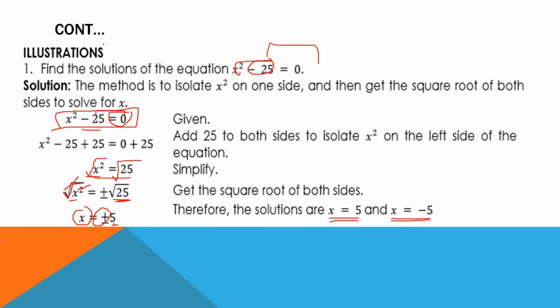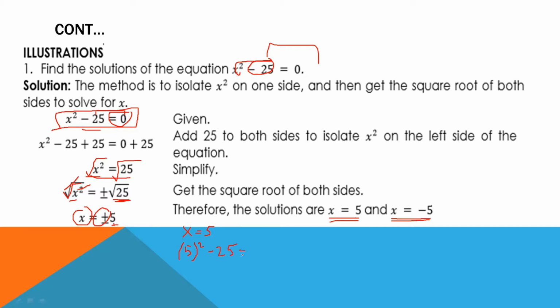So, ibig sabihin, dalawa yung i-check natin kasi dalawa yung value ng x natin. Let's try if the x is positive 5. What we are going to do is to substitute to the equation. So yung x squared natin magiging 5 squared minus 25 is equal to 0.